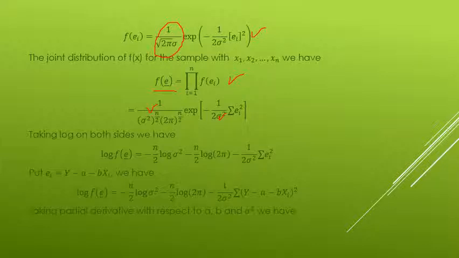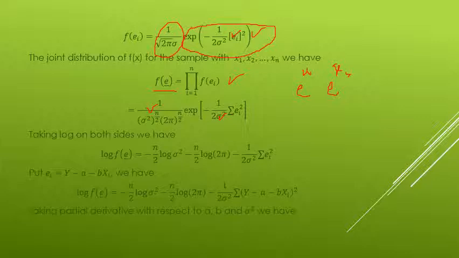So, this portion is not a constant, it is a variable. This is summation of x1, summation of x2, and so on. The powers will be added because the base is the same, so we take summation ei square.